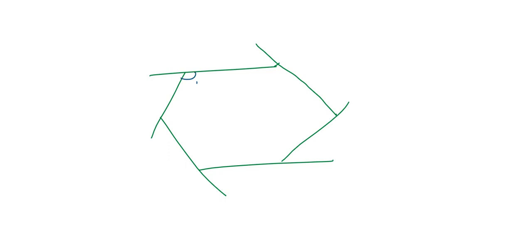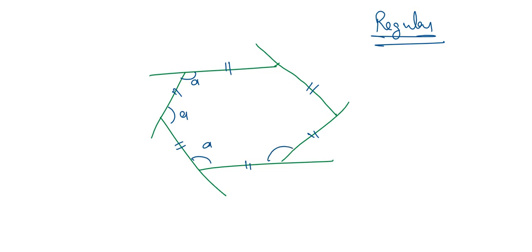It is given that it is a regular hexagon. Regular means all sides must be equal, as well as all angles, so let me mark each angle as A.